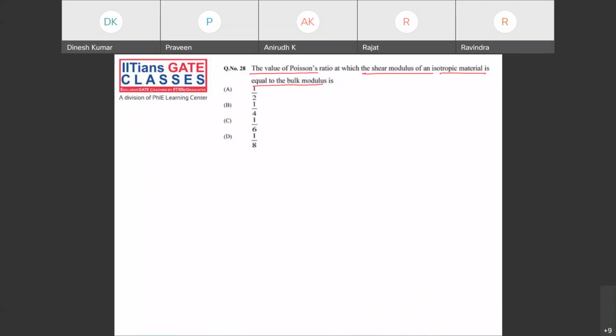So guys, we know what your shear modulus G is in terms of E: G equal to E upon 2 into 1 plus nu. What is K? K equal to E upon 3 into 1 minus 2 nu. Now they told here G is equal to K, where K is the bulk modulus.